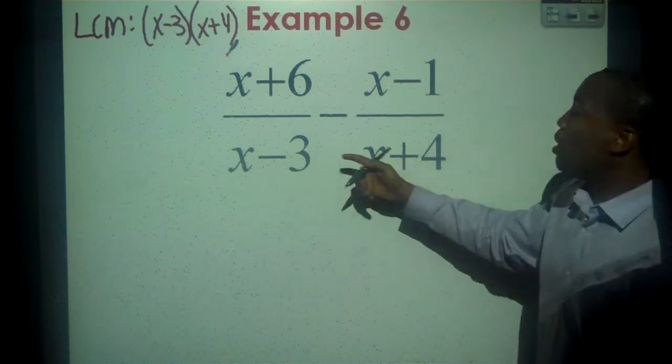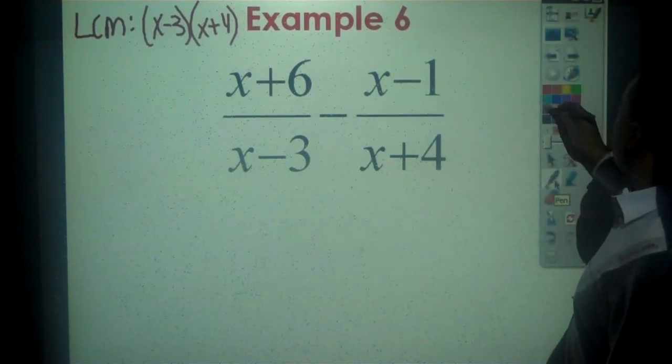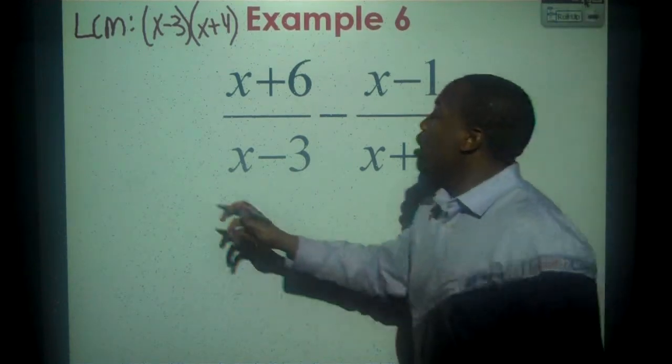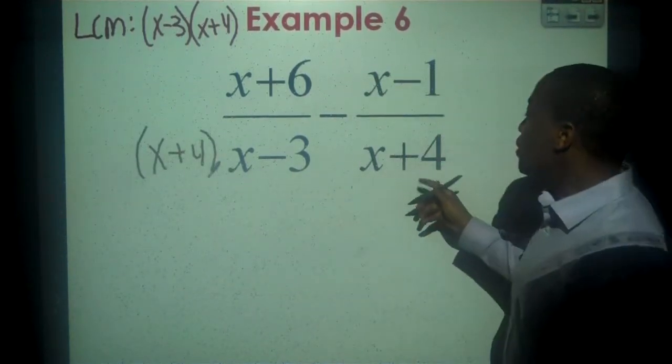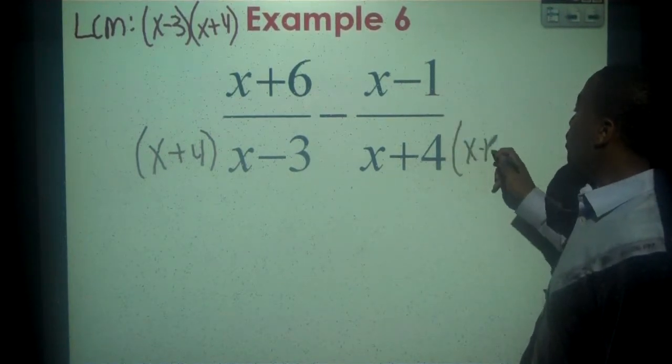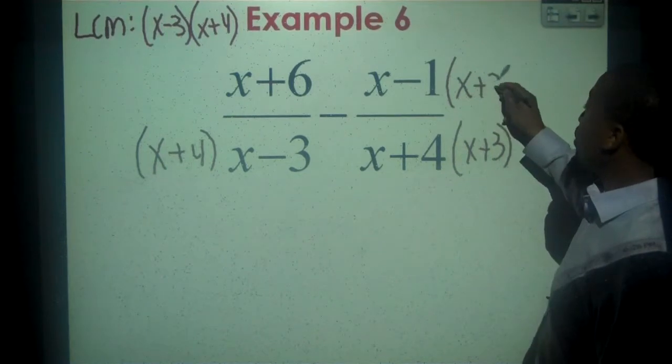So what I need to multiply on this side, I need to multiply on this side x plus 4, and what I need to multiply on this side, x plus 3. And whatever I do to the bottom, I've got to do also to the top.